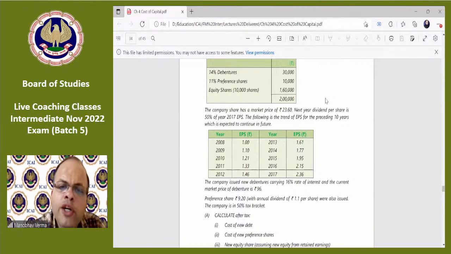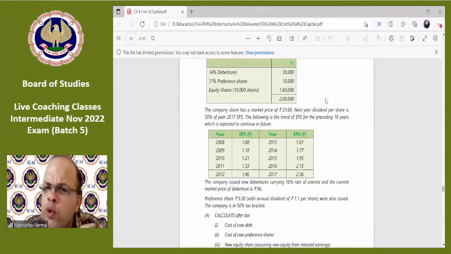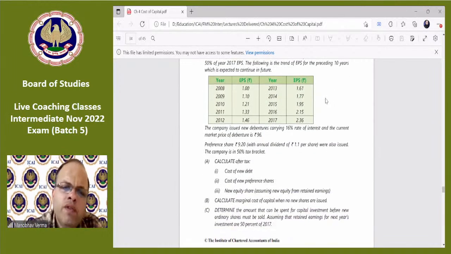Preference shares 9.2 with an annual dividend of 1.5, 1.1 were also issued, and the company is in the 50% tax bracket. The requirements are: cost of new debt, cost of new preference shares, new equity share, and marginal cost of capital when no new shares are issued.